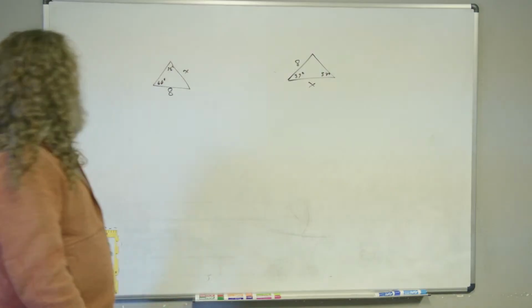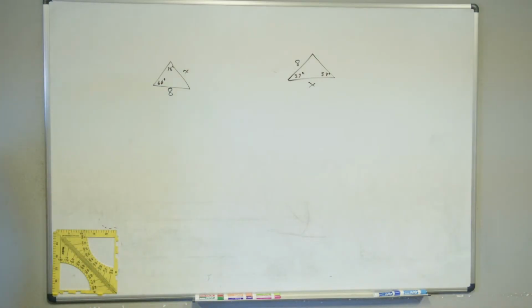We wouldn't get 90 degrees, so they're not right triangles. So we can't use just normal trig to get to solving for x. Right? So we've got to use something.